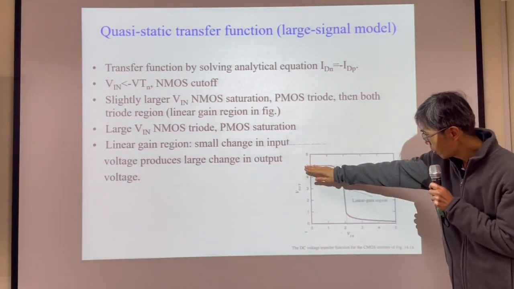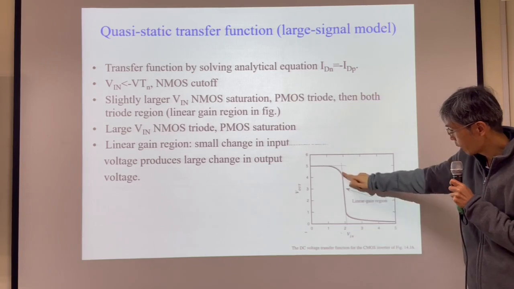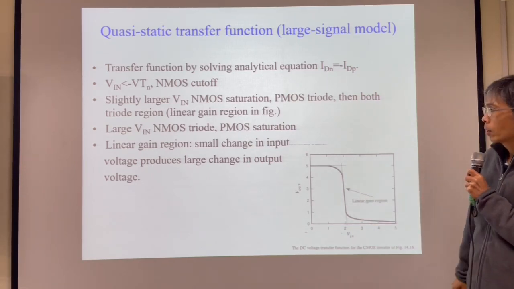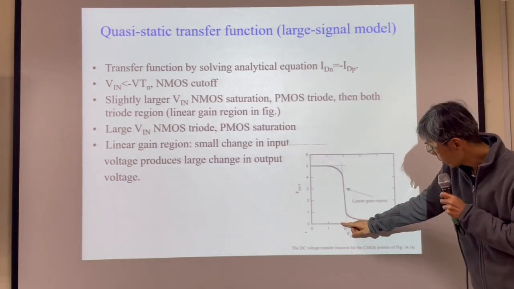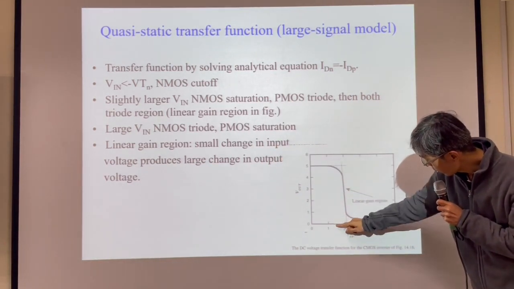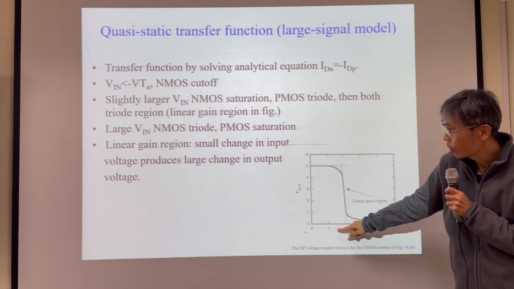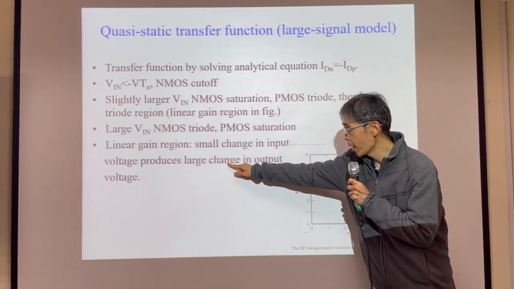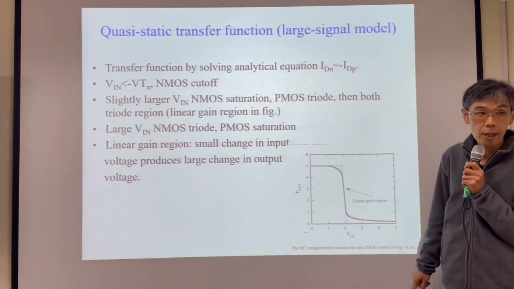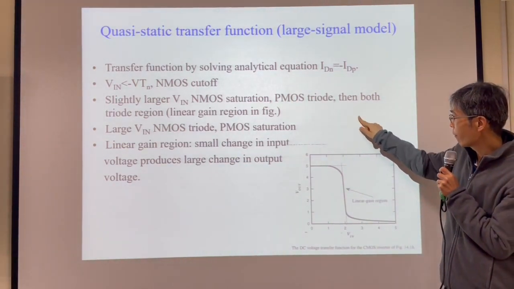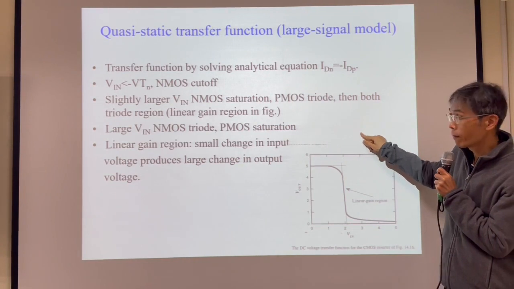Somewhere between V in small and V in large, we have this linear region. So in the linear region, a very small change in input voltage can produce a very large change in the output voltage. So we have a large gain area. Gain is delta V out divided by delta V in.